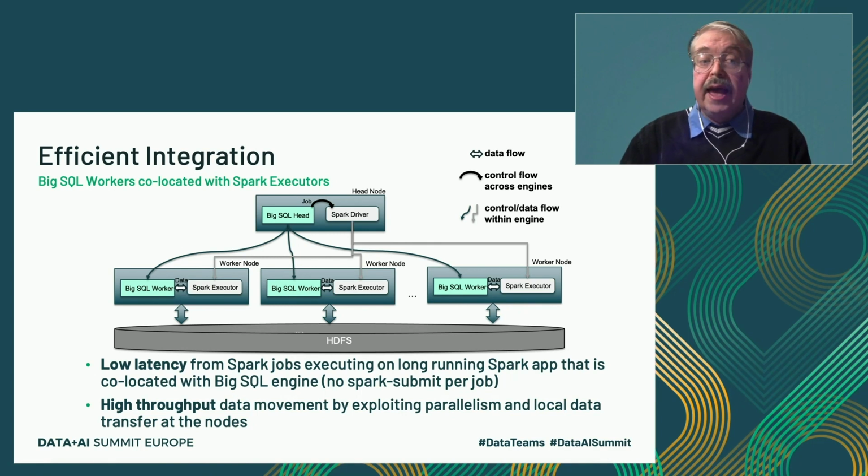The other important thing is that both Spark and BigSQL are scalable engines which can be running in a large cluster, and they are collocated. For each BigSQL worker, there's on the same node a local Spark executor, and for the BigSQL head node, the Spark driver is running on that node.